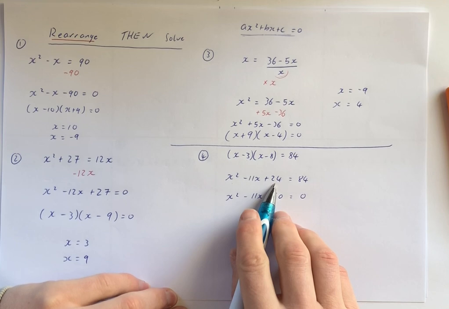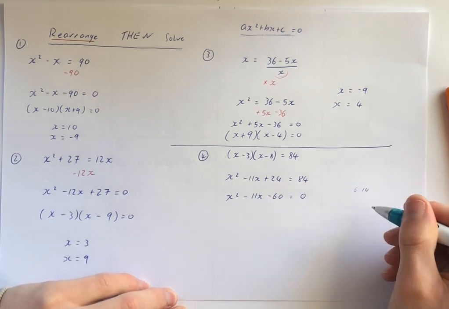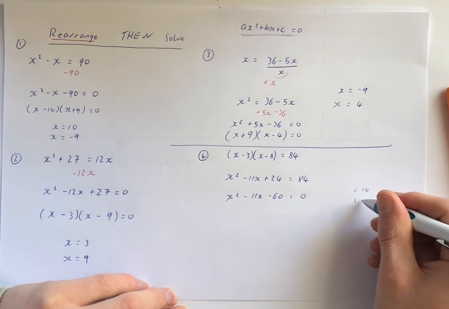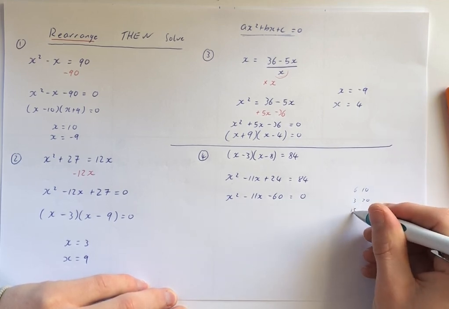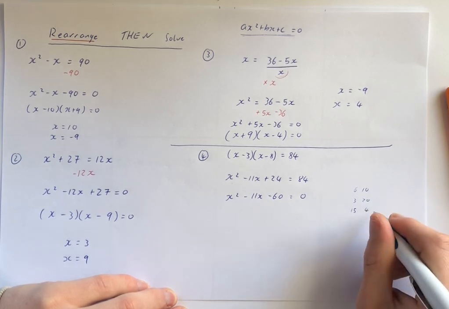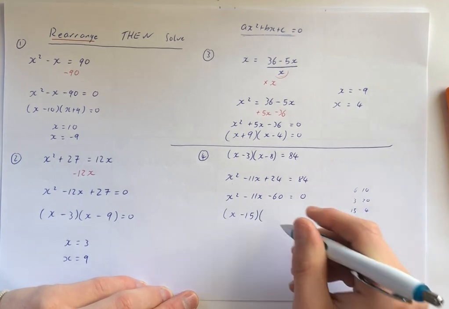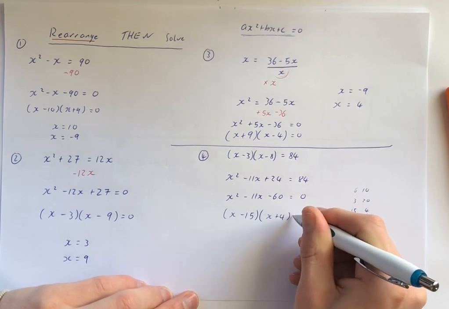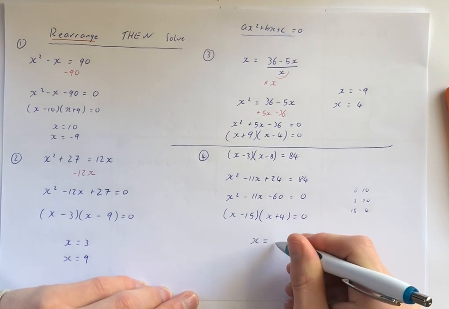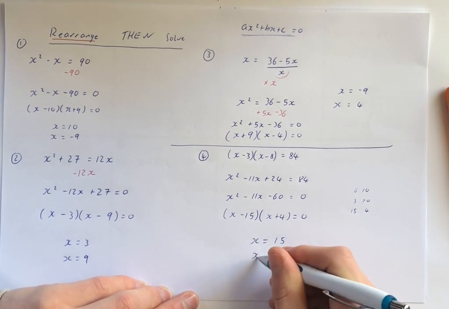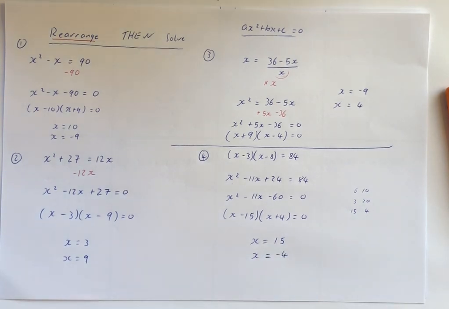Hopefully I've done that correctly. So 6 and 10 won't work. What about 3 and 20? No, that won't work. What about 15 and 4? Those will work. So x minus 15 and x plus 4 are my factors, which straight away gives me my solutions 15 and minus 4.